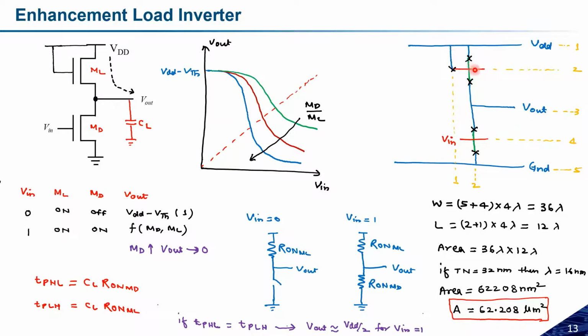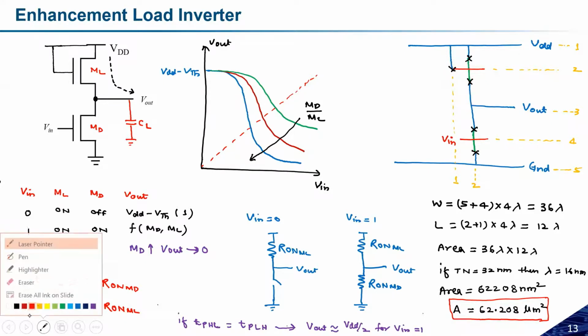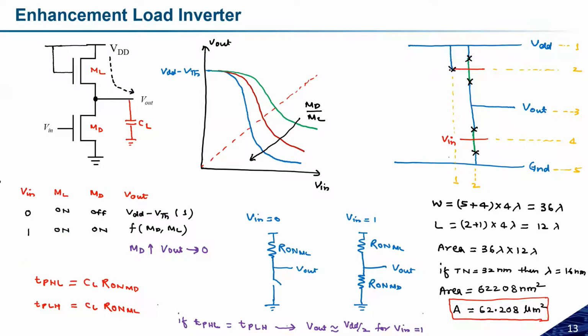Yes, sir. But you need one layer like this, since you must have some layer for the polysilicon. Even though we have extended it here, it does not depend on whether the contact point is there or not. Okay, I got your question. You want the polysilicon to extend like this. This is possible, and we can make contact over here, but in this direction we need one layer to make a polysilicon. So in both cases you will get the equal area.